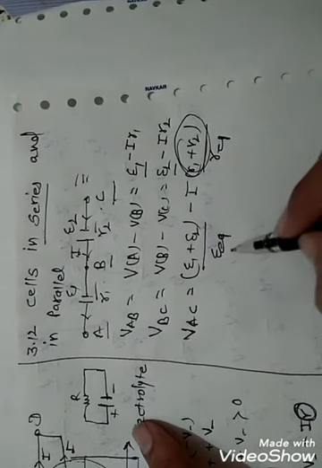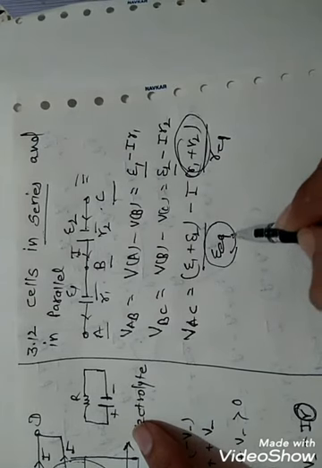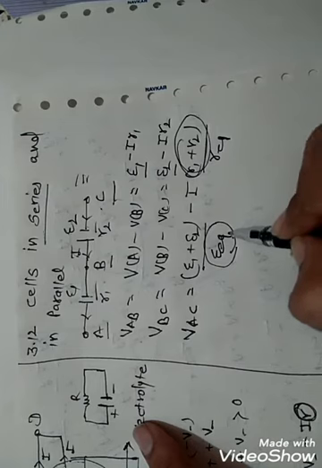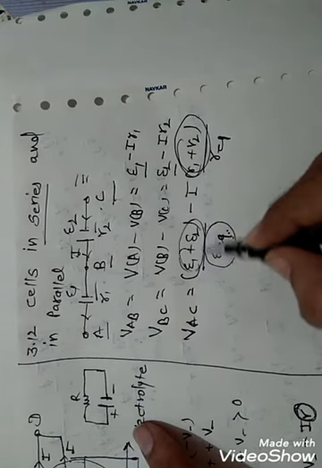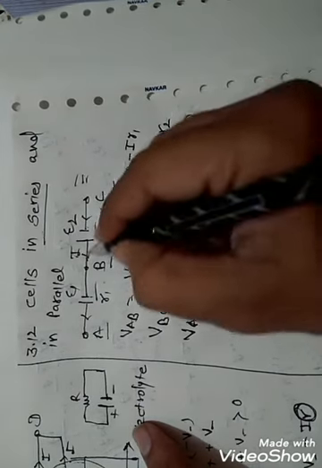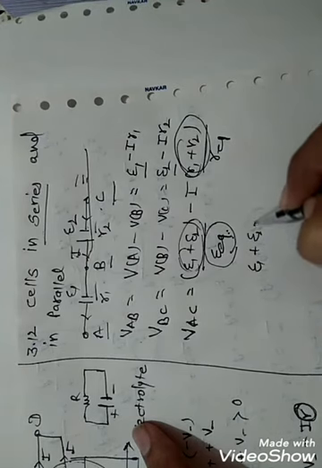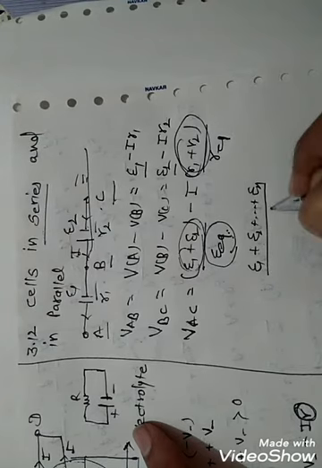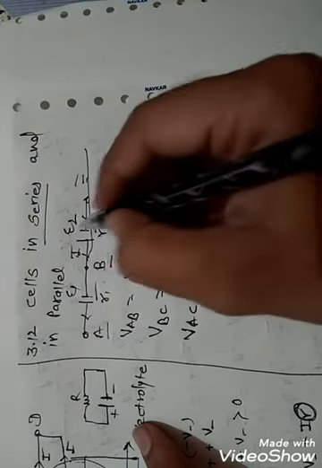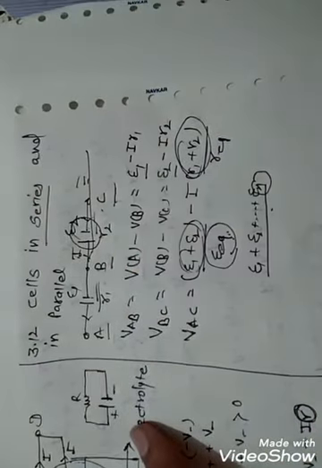So first, we see that the equivalent EMF of a series combination of N cells is just the sum of their individual EMFs, meaning E1 plus E2 plus up to En, the EMF for N number of cells.